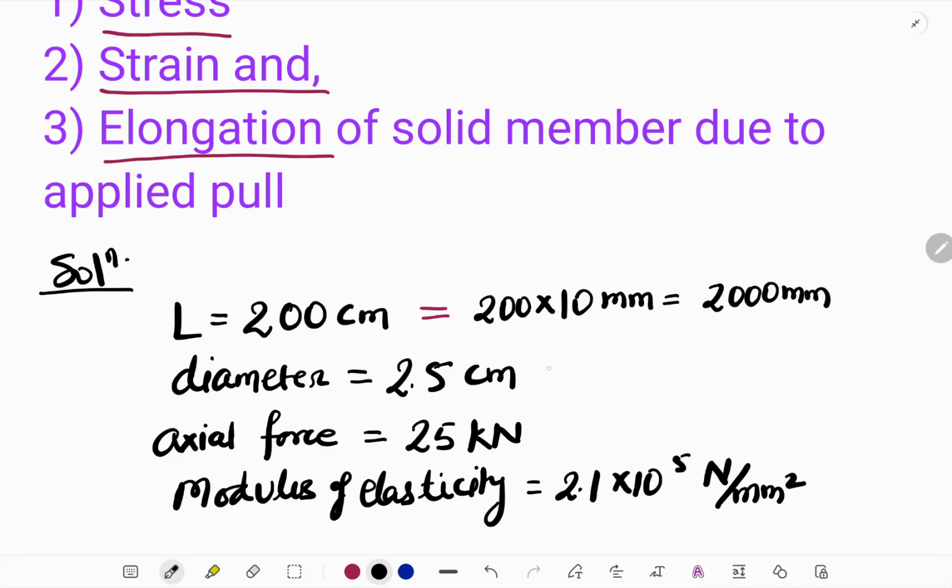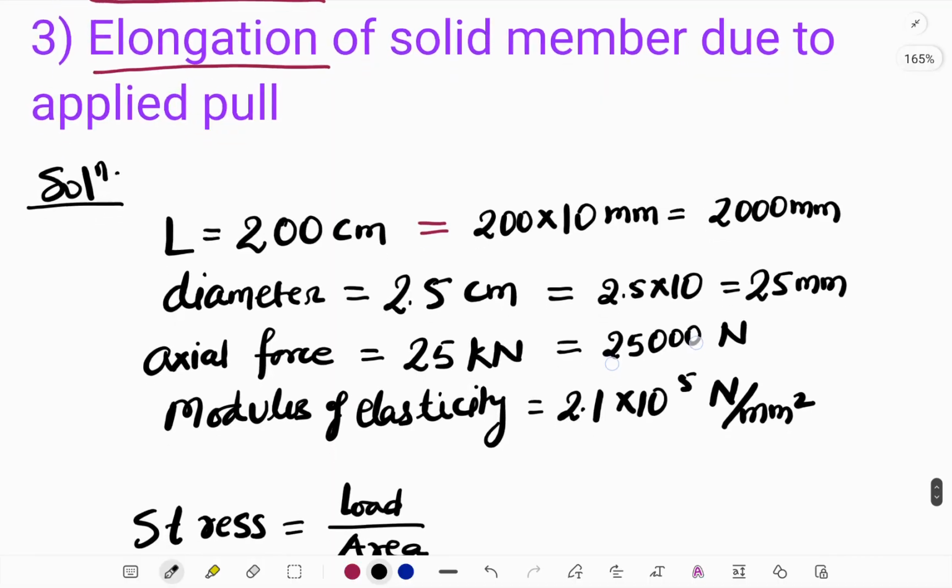Then the diameter, 2.5 into 10, is 25 mm. Next, the axial force is given as 25 kilonewton, so we can say 25000 Newton. We take similar dimensions so it will be easy for calculation.